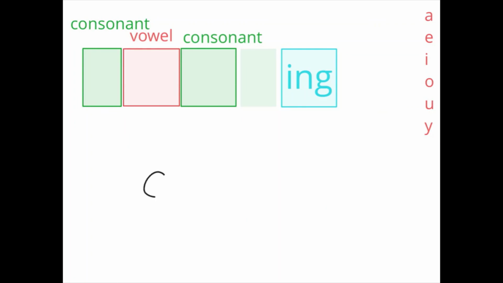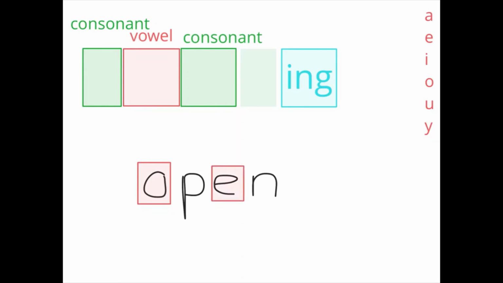Now we are going to try it with the word open. So we look at this word, and first we think about where our syllables are. Okay, so we find our O and our E. Here are our vowels. We have one here and we have one here. So those are our 2 syllables.